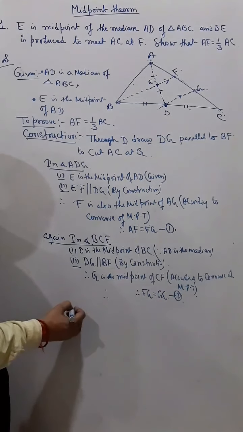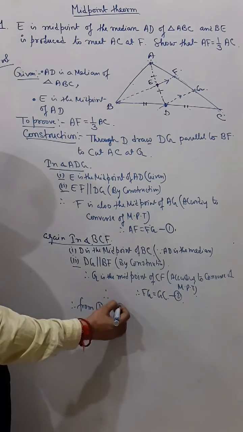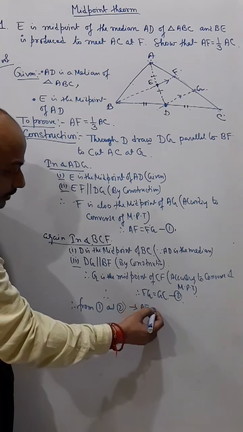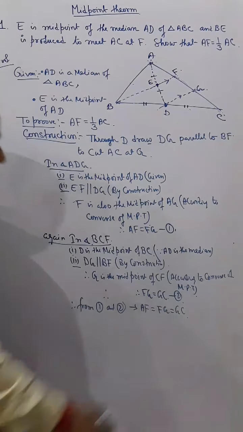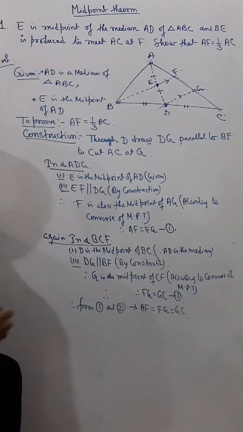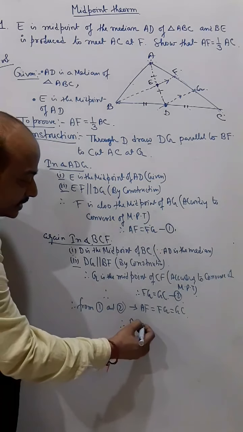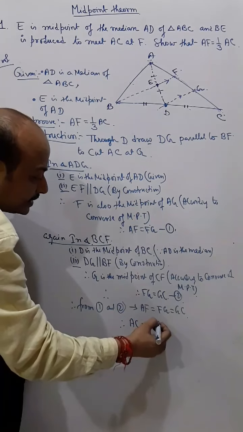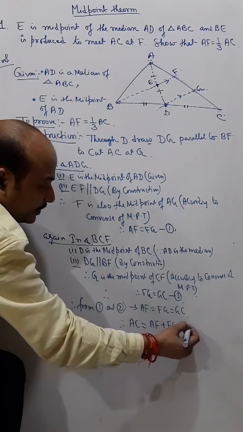Now, from 1 and 2, if I compare 1 and 2, we can say AF is equal to FG is equal to GC. Now we have to prove that AF is equal to 1/3 of AC. AC, if I split it, is AF plus FG plus GC.